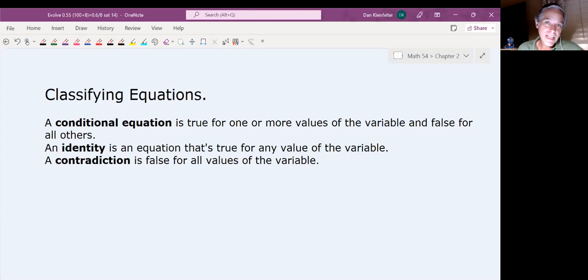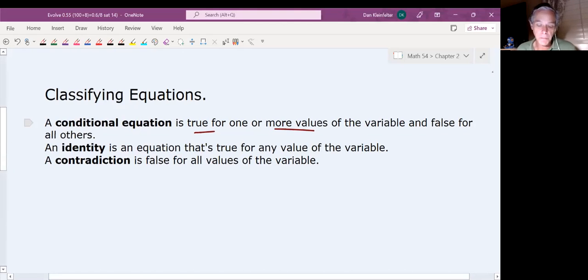A conditional equation is the kind of equation we've dealt with so far, where it's true for one or possibly more values of the variable. In this chapter, we're going to have just one value of the variable where there is a solution and not infinitely many. So just one. And it's false for all others.